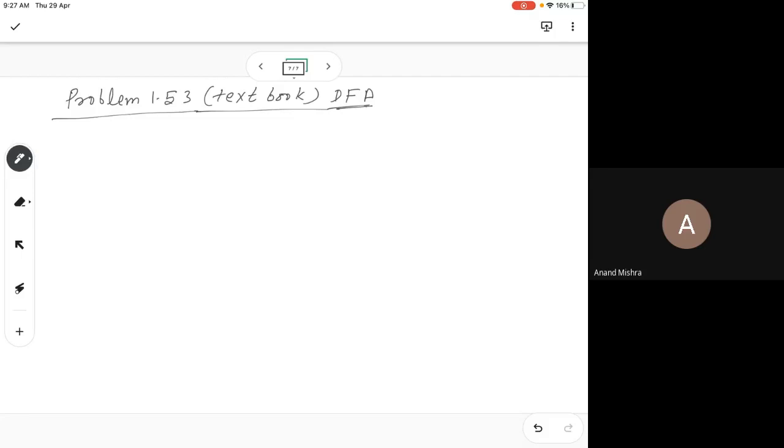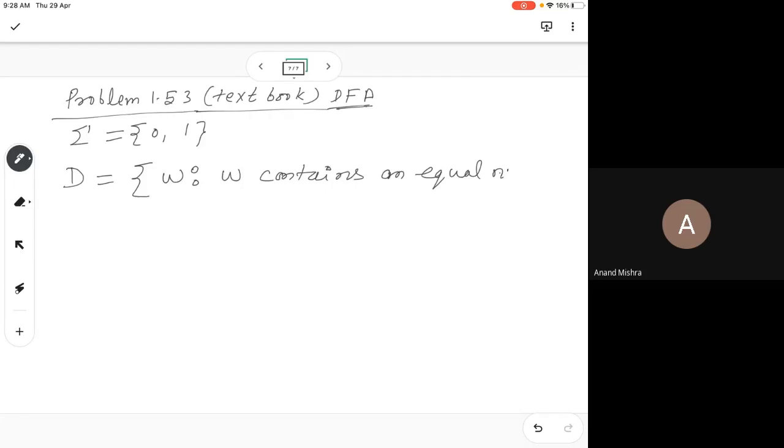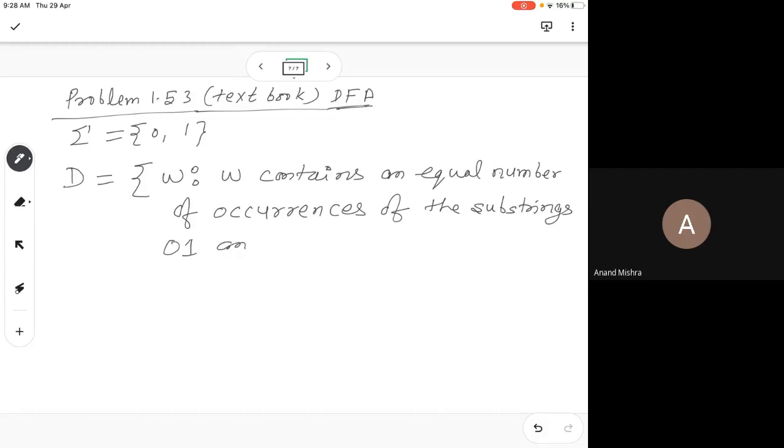Let's do it. Okay, so the question is, you have sigma given, that is 0, 1, and you have D given, which is a language, where D is the set of W such that W contains an equal number of occurrences of the substrings 01 and 10.